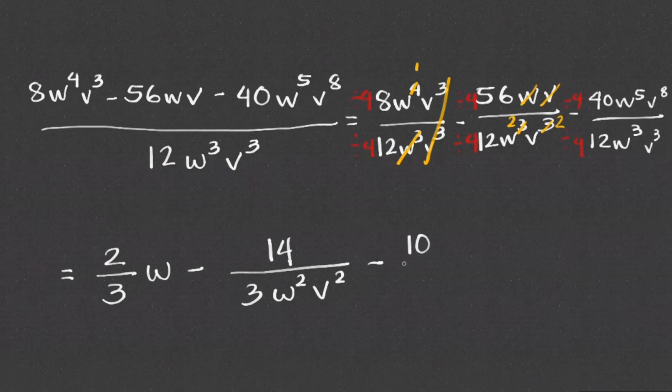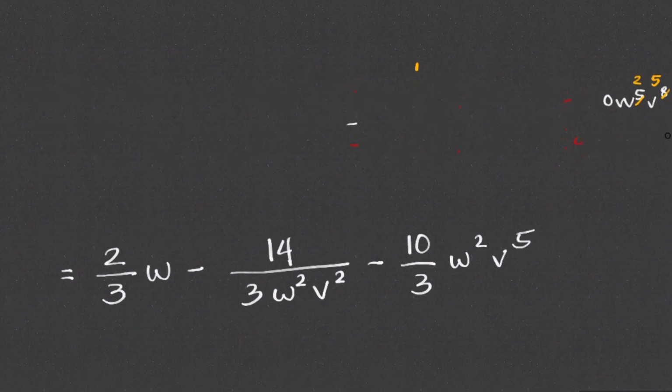Next, w raised to the 5th power divided by w cubed is w squared. V raised to the 8th power divided by v cubed. So what's left at the top is v raised to the 5th power. We can further simplify our answer by factoring out 1/3.